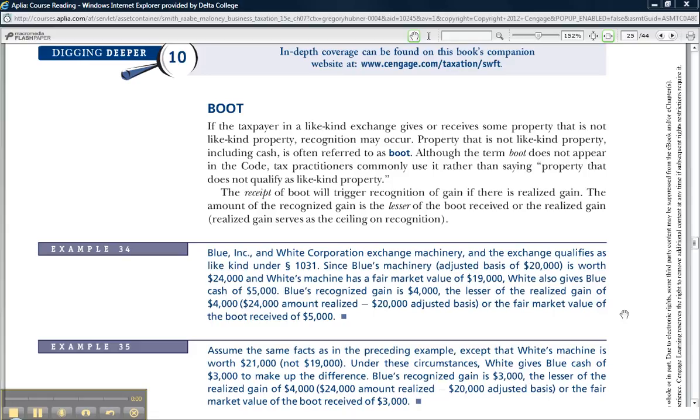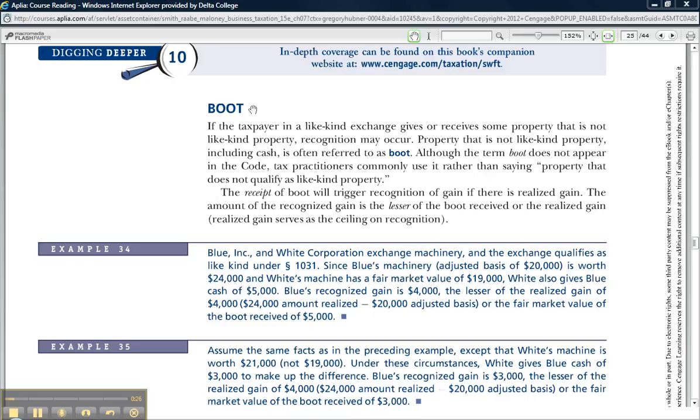Okay, you can't have a conversation about like-kind exchanges without understanding something called boot. Boot is additional property that changes hands in a like-kind exchange to make it a fair exchange, basically. For two parties to exchange property, the perceived fair market value has to be equal in the total property exchanged.